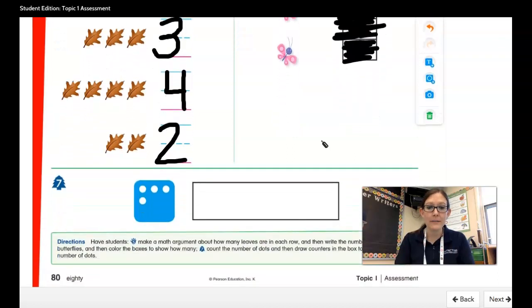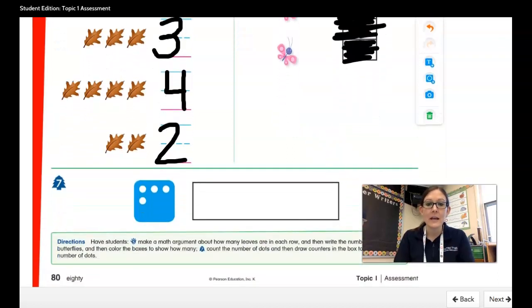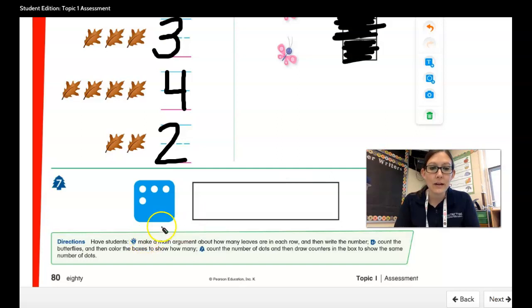All right, for number 7, Christmas tree, we're going to count the dots and then draw counters in this box to show the same number of dots. Okay, count the dots first. 1, 2, 3, 4.